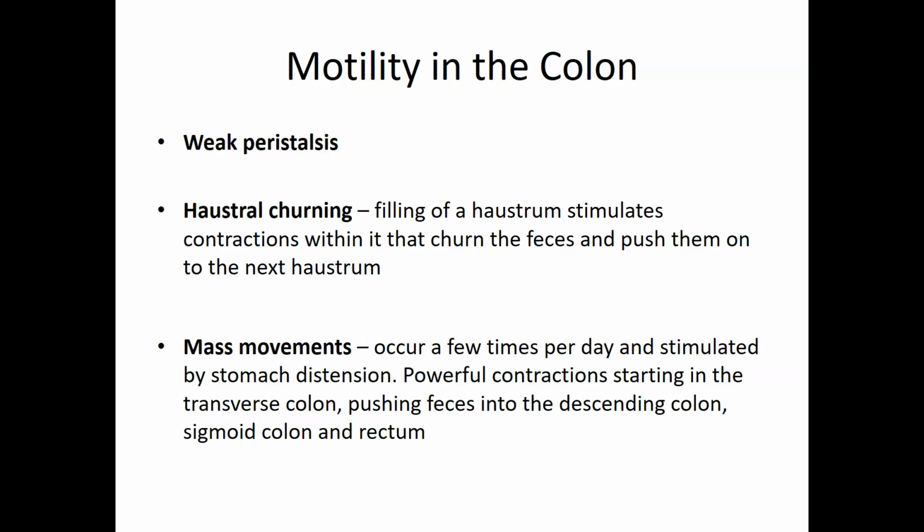When the stomach fills and stretches, that stimulates a contraction beginning in the middle of the transverse colon. And this pushes material, the feces, forward into the descending colon, sigmoid colon, and the rectum. So those are called mass movements.